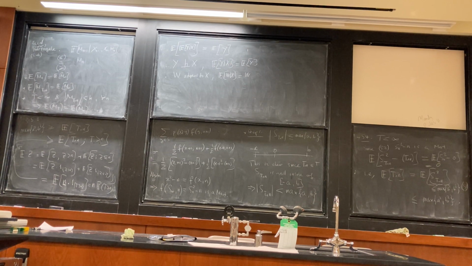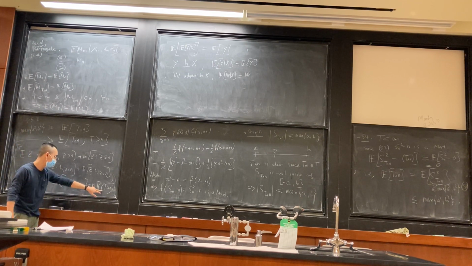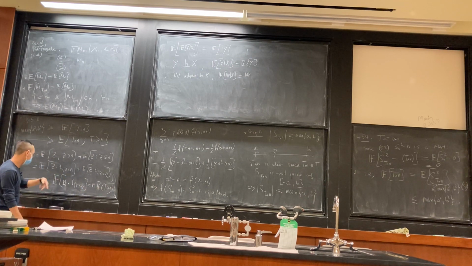So what do I have? I have a maximum, a finite number, which is always greater than n times this probability. So you divide by n, so that would imply that the maximum divided by n is greater than the probability of T greater than n.